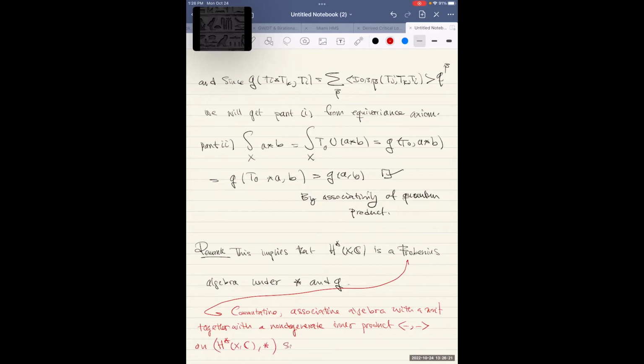And I want this satisfying G of A cross B and C equal to G of A, B cross C, the products being intersection product. This is a very important result because under these two, the cohomology theory of X with complex coefficients is going to be a Frobenius manifold.